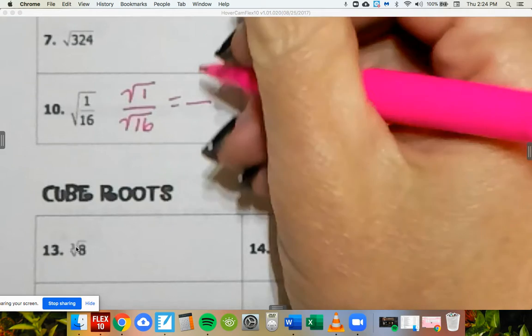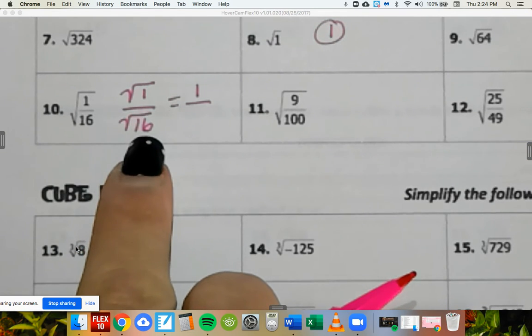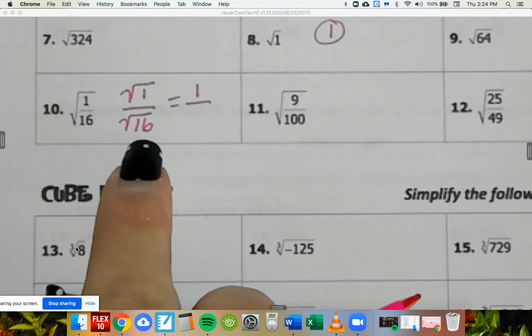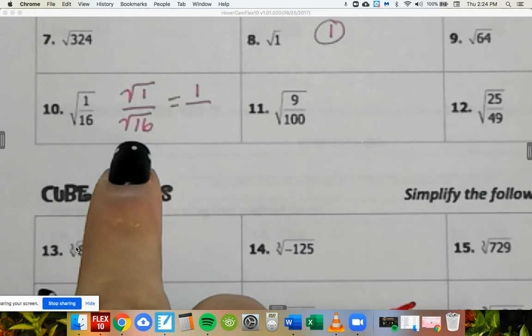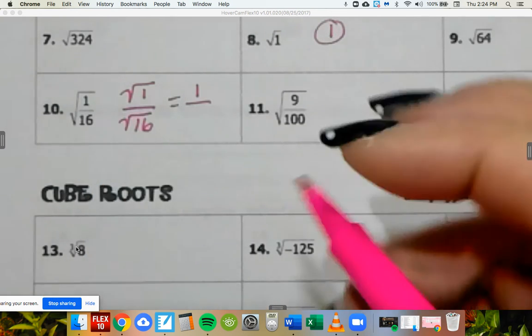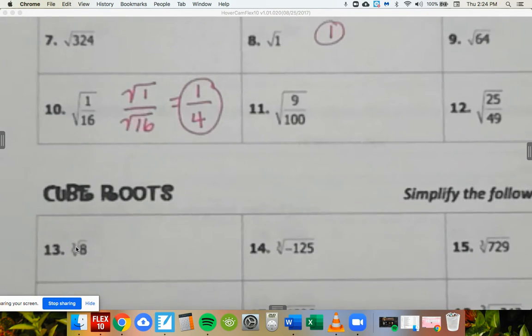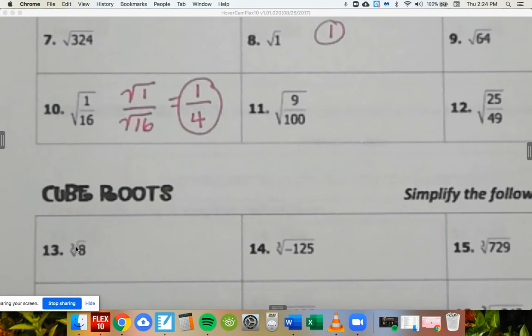Square root of 1 is 1. Square root of 16, it's not 8. You can't think that it's divided by 2 because it's not. Remember, you always have to think, what number to the second power is 16? Or what number times itself is 16? And it's 4. So the square root of 1/16 is 1/4.